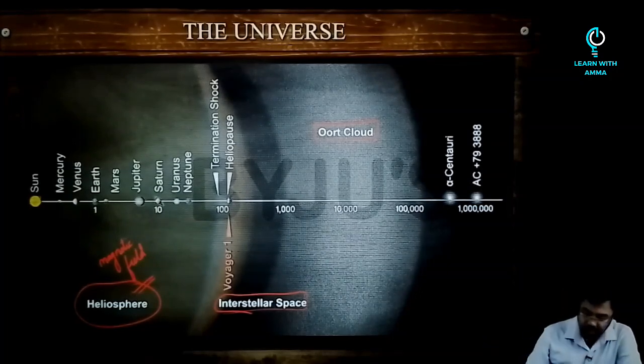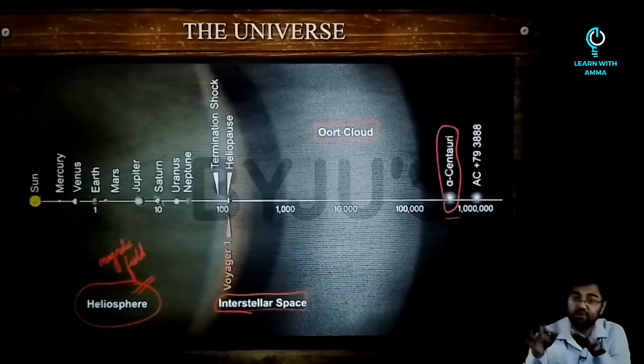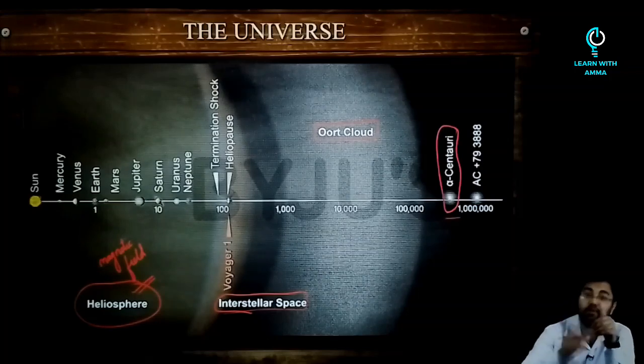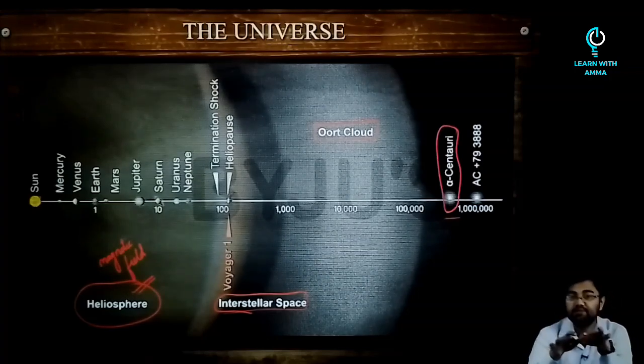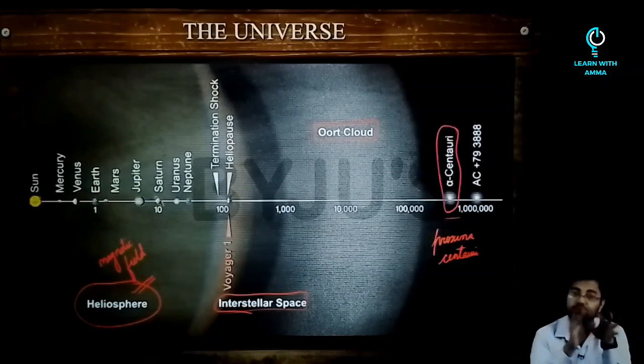Alpha Centauri is one of the star systems just beyond our solar system. One of its stars, called Proxima Centauri, is the closest star to our solar system.